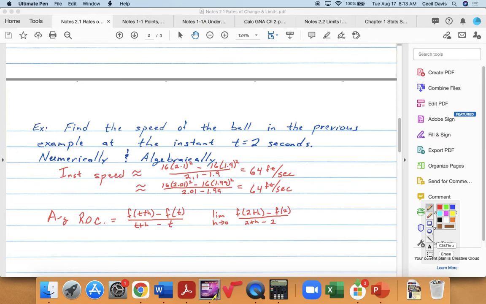Now my formula is 16t squared, right? So this is going to be equal to the limit. You never stop writing the limit until you have evaluated the limit of 16 times 2 plus h quantity squared minus 16 times 2 squared all over 2 plus h minus 2, which is just going to be h.